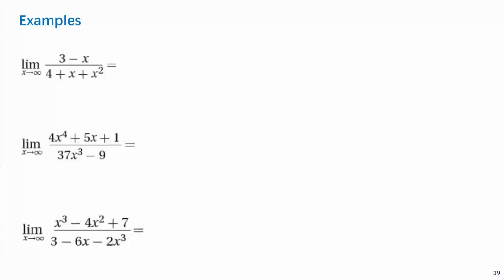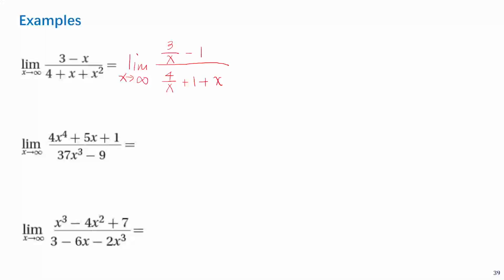Okay, let's have a look at the solution. So first of all, you cannot just insert x equals infinity into that rational function, right? But when x approaches infinity, that means x cannot be 0. So we can divide both the numerator and denominator by x, or sometimes x squared. So for example, if we divide both of them using x, then we will have 3 over x minus 1 here, right? And then 4 over x plus 1 plus x.